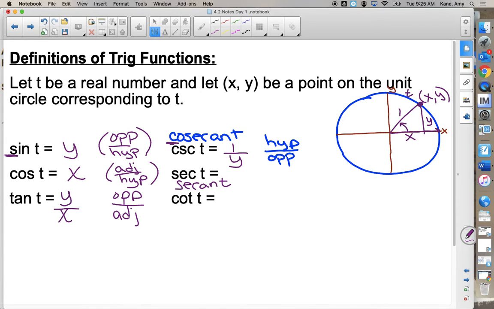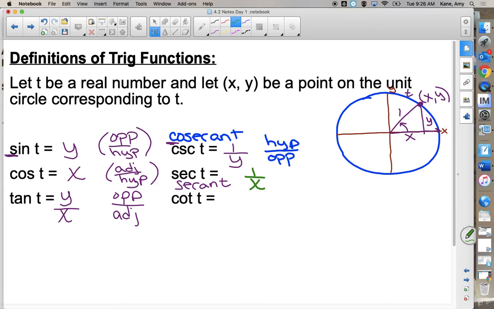The cosine is with the secant. So the C function is with the S function. What would the secant be? Oh, yeah, that's going to be 1 over x, because again, it's the reciprocal of the cosine. So it would be the hypotenuse over the adjacent.